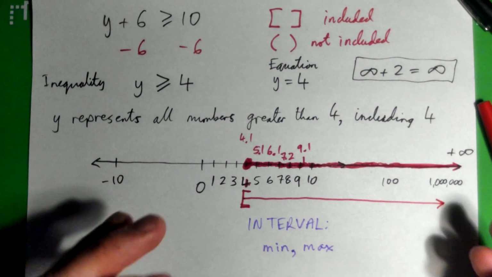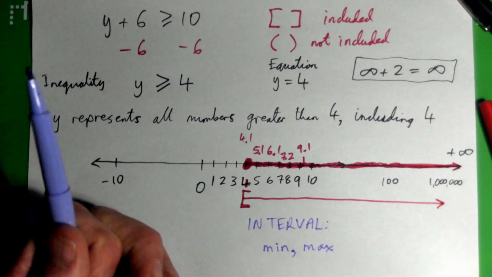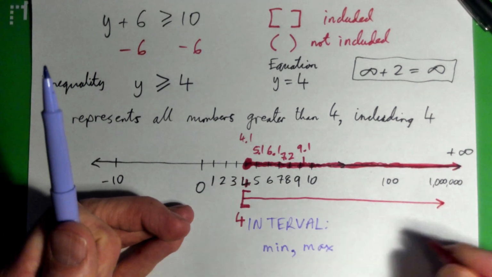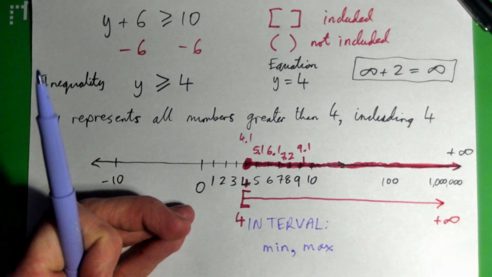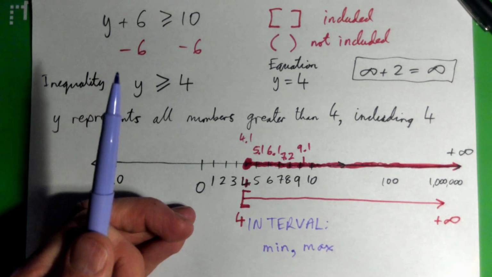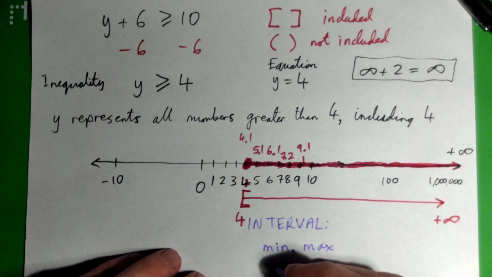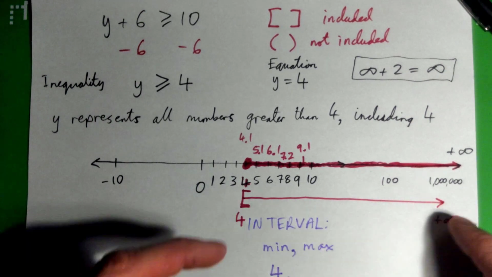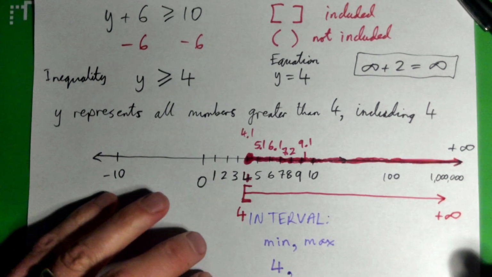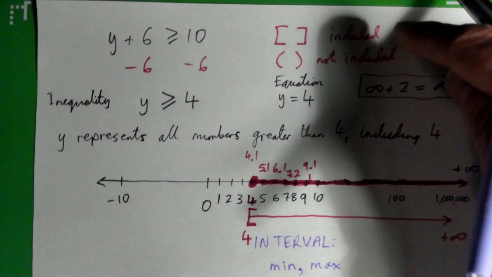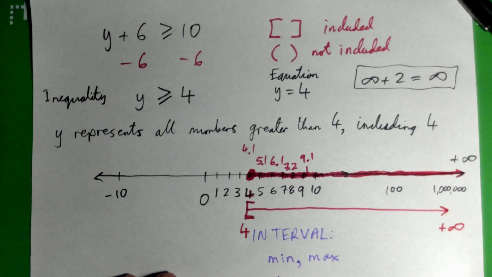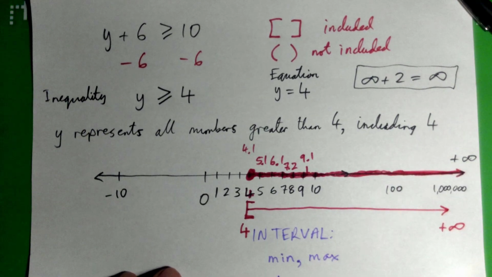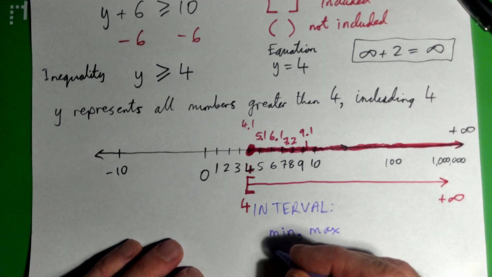So, if you take all these numbers here that go from 4 all the way towards positive infinity, what's the minimum number in this group? 4. Good. Is 4 included as part of this group of numbers? Okay, so should we use square brackets or parentheses? Square bracket. Okay, so you just do that.